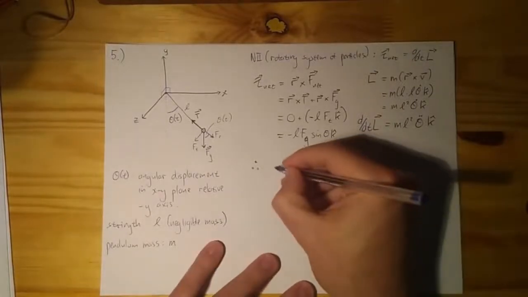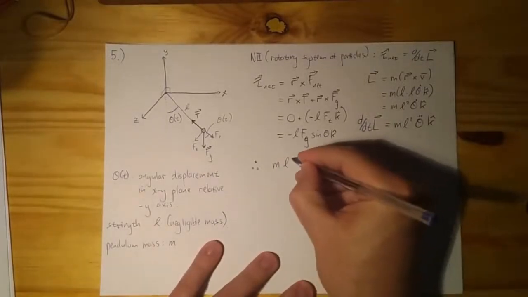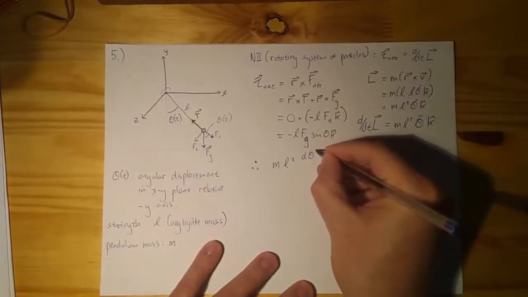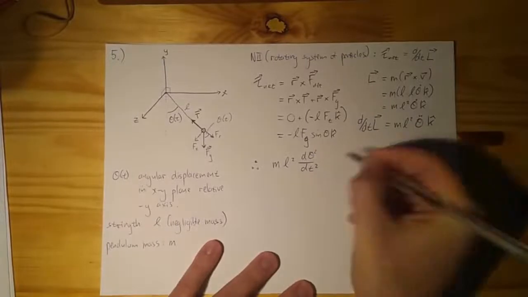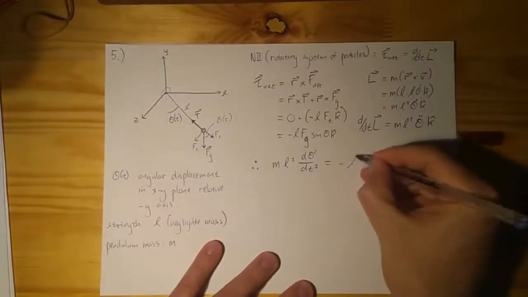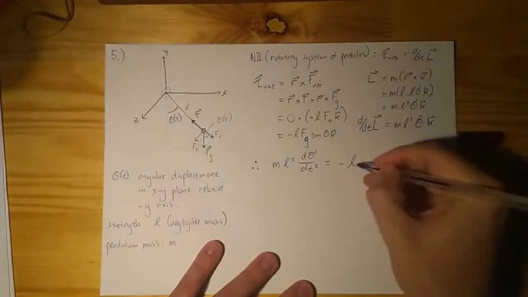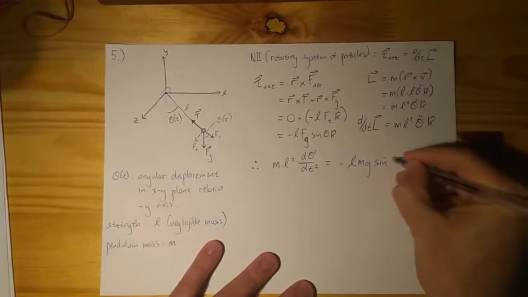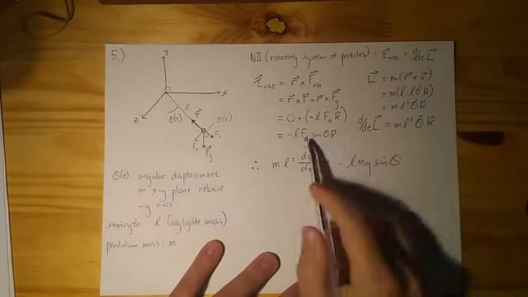So m L squared d squared theta dt squared is equal to minus L times Fg, and Fg is just mg times sine theta. Good, these two are equal.